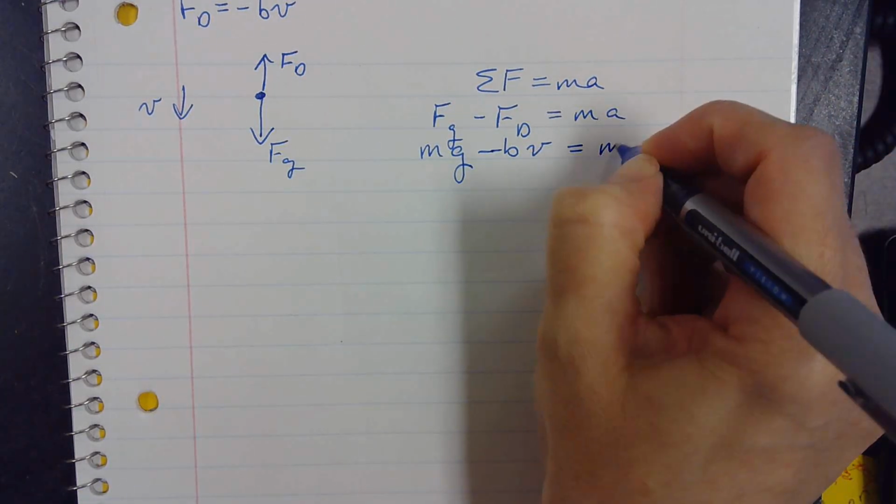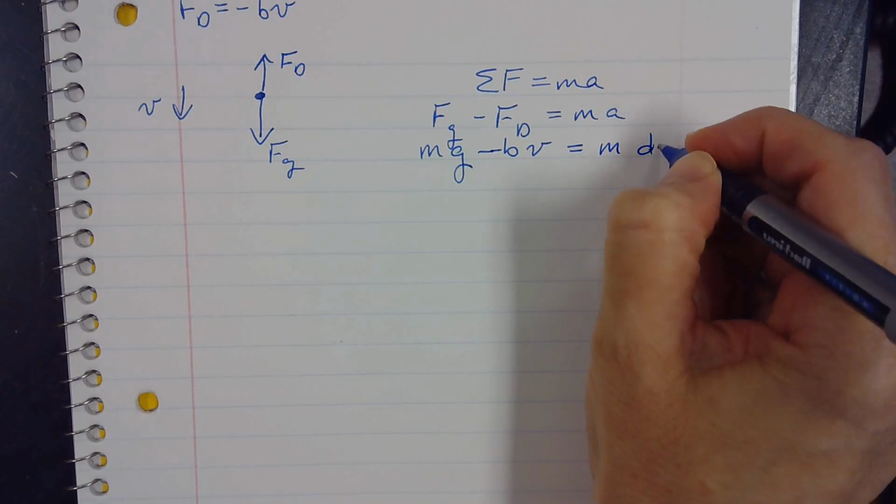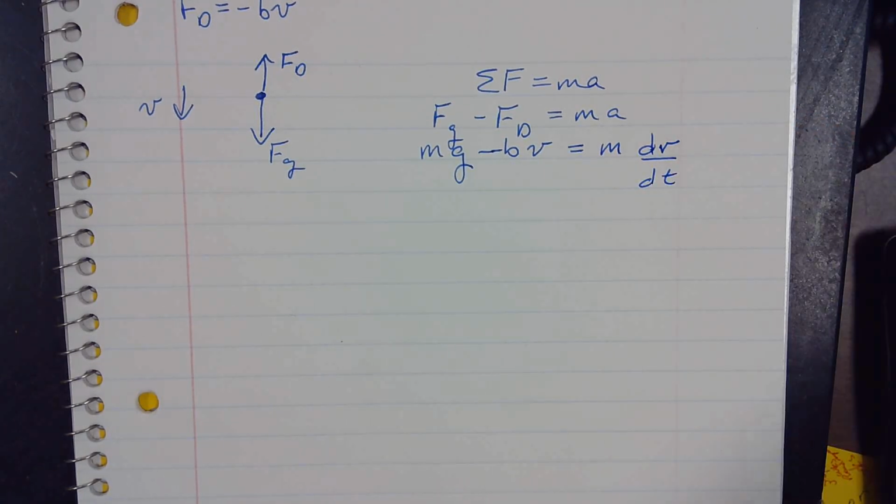And then, instead of acceleration, we're going to substitute dv/dt. Okay? So now we need to, we're just going to switch sides.